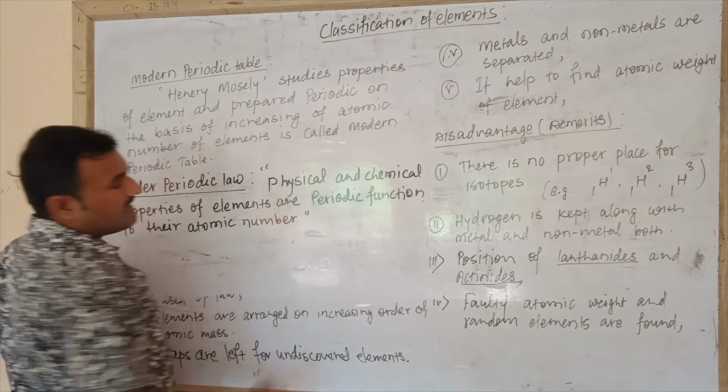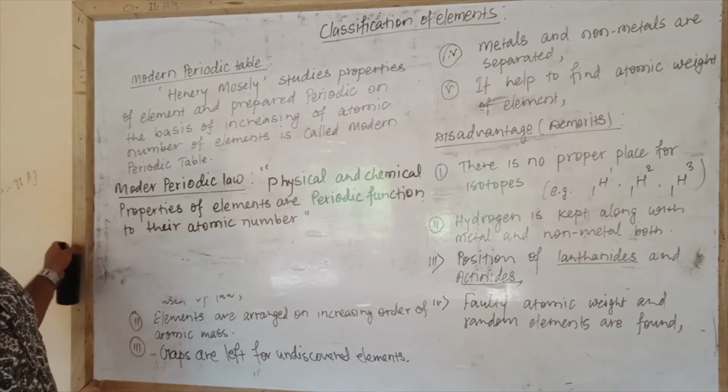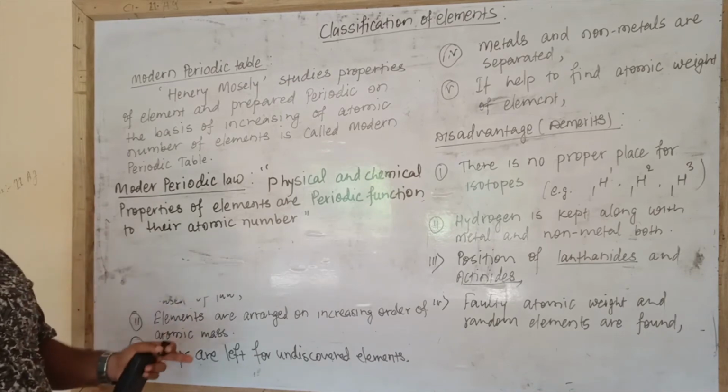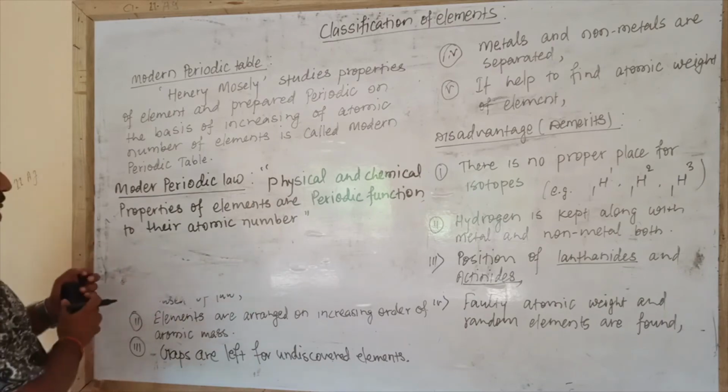It means that when elements are arranged in increasing order of atomic number, after certain intervals elements having common, identical properties repeat.